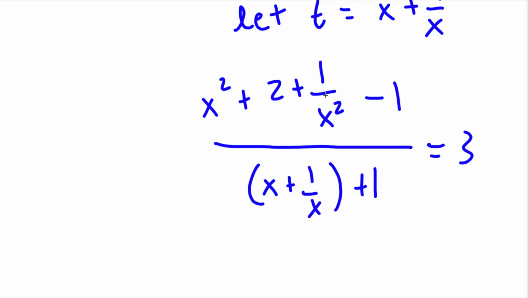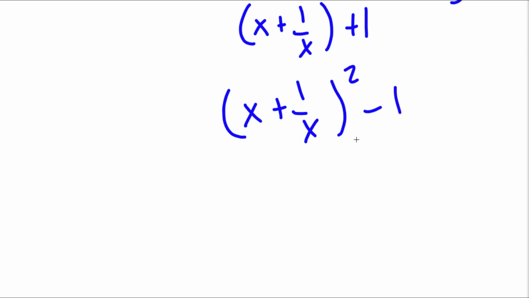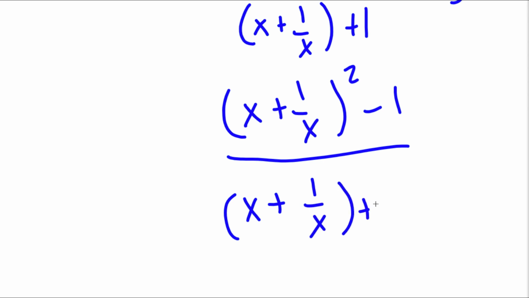Now my numerator here is the same thing as (x plus 1 over x) squared, minus 1, over, for my denominator, x plus 1 over x plus 1. This is equal to 3.